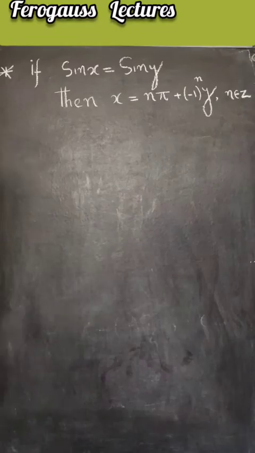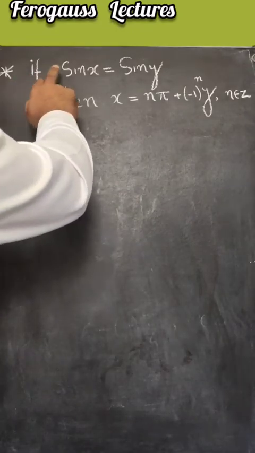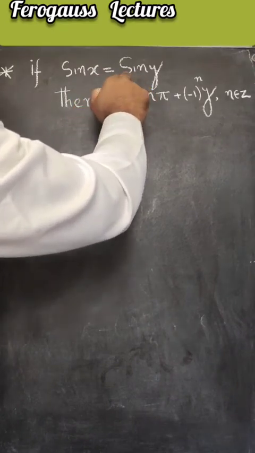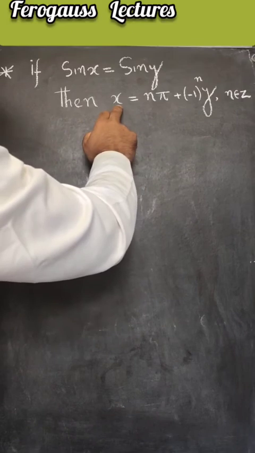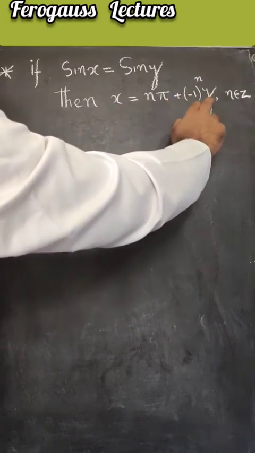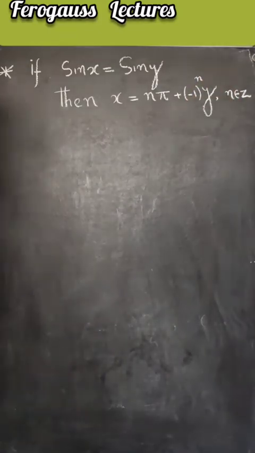Now we will do an important result on trigonometric equations, and that is, if sine of x is equal to sine of y, then we have to prove that x is equal to n pi plus minus 1 raised power n y, where n belongs to the set of integers.